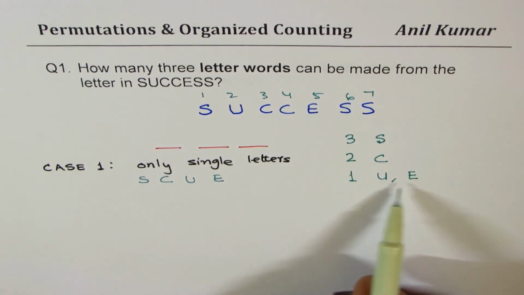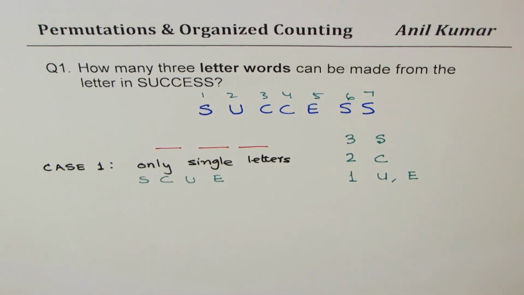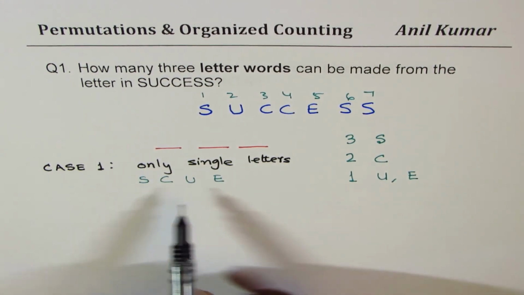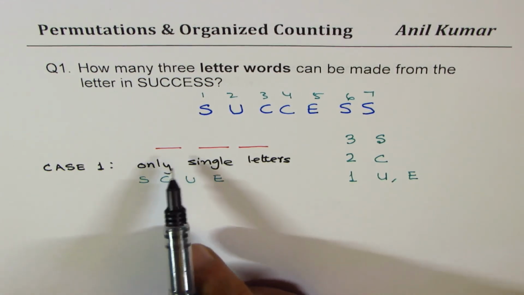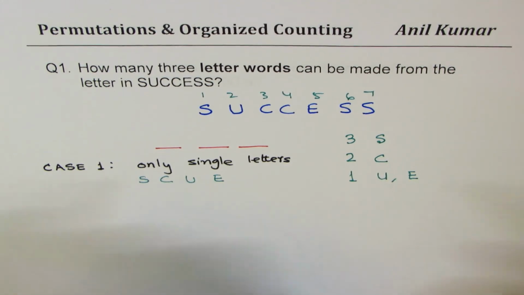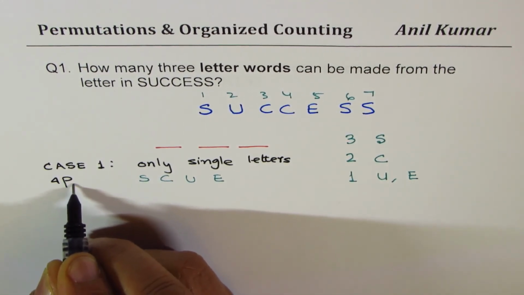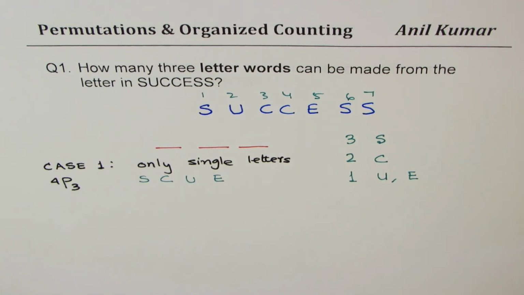So we are working only with 4 letters and we have to fill in 3 spaces. Nothing is repeated. So how many ways can you do it? Well, out of 4, we are selecting 3. So 4P3 is the answer, correct? So that is case 1.